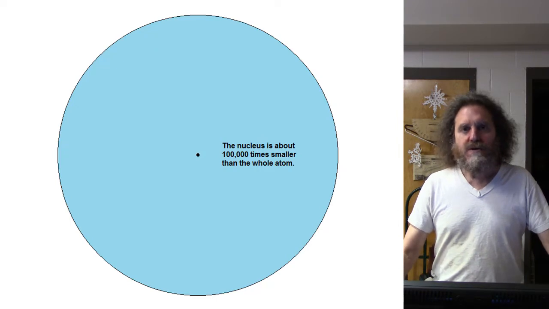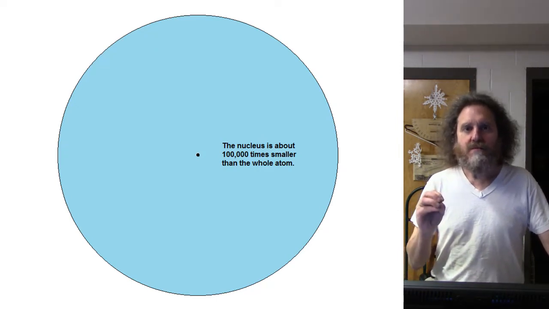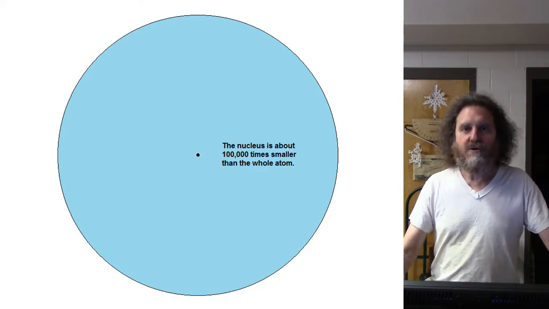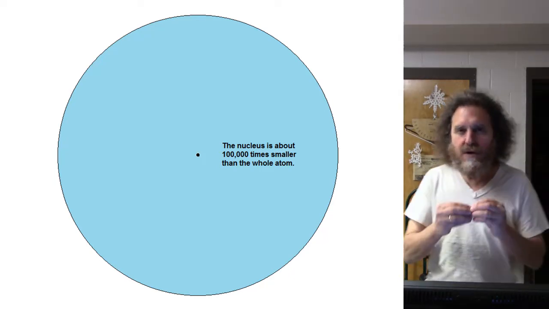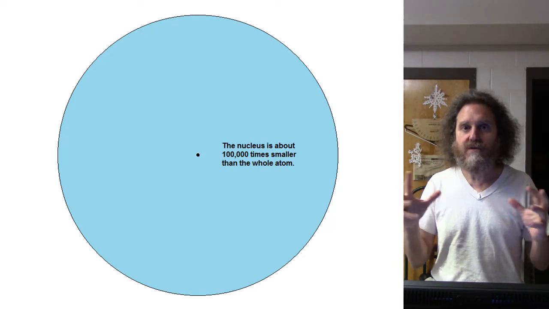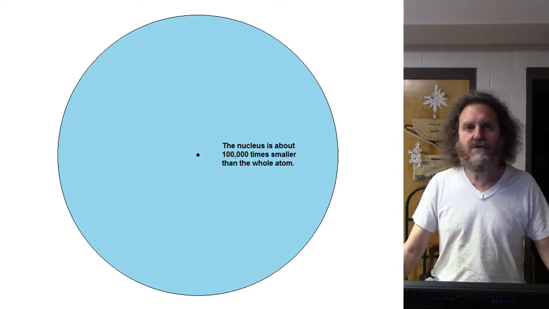In a nuclear process, the actual nuclei of atoms change. And that can involve far more energy because since these particles are so much closer together, they're bound together with much stronger forces than the molecules are bound together into atoms. And so the energies involved in a nuclear process are way greater.